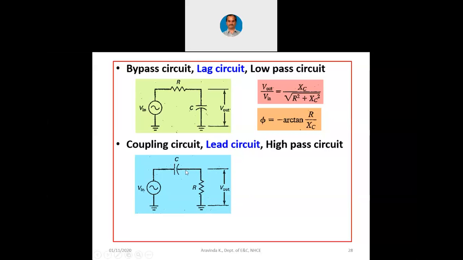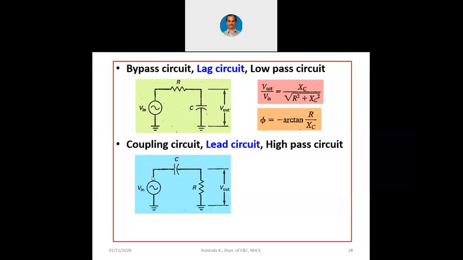So the RC time constant, or tau, remains the same here. But the nature of functionality of the circuit will change. That is because now it is like a high pass circuit. High pass circuit in the sense, if there is high frequency, Xc is 1 over 2 pi Fc. So for all high frequencies, the capacitor will offer very less reactance and all the high frequencies are available at the output.